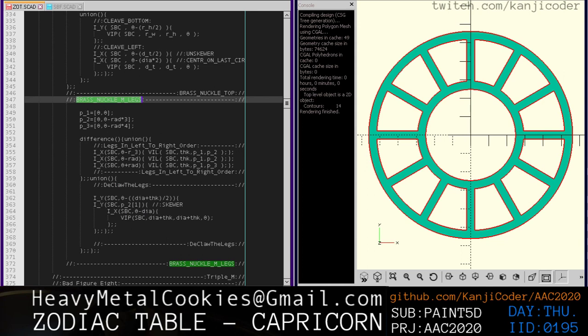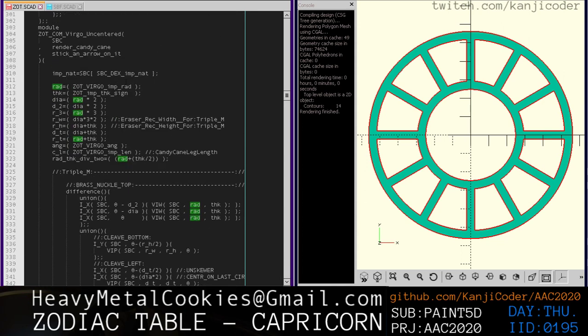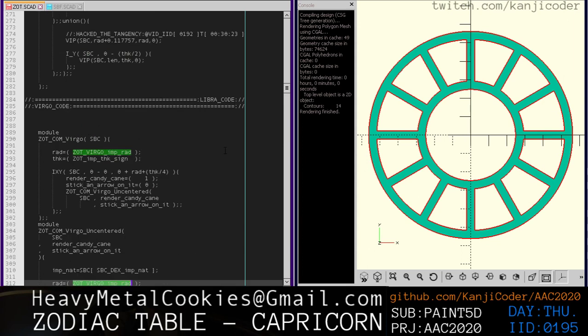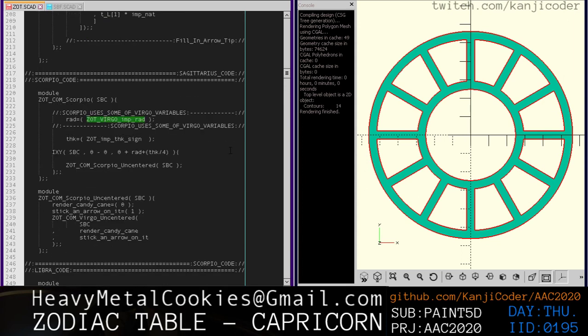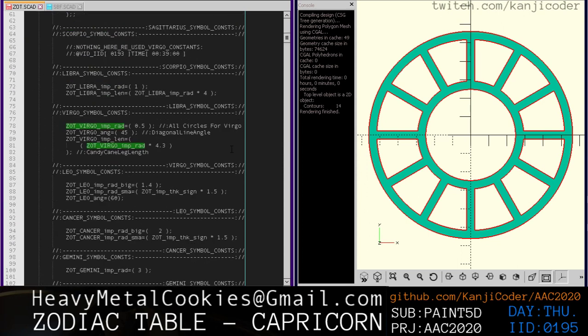The lines, thickness, P1, P2, radius times 3. Okay, so the radius times 3. So whatever that radius is, Virgo imprad times 3. Okay. And Virgo imprad is what? Virgo imprad is that. Okay.